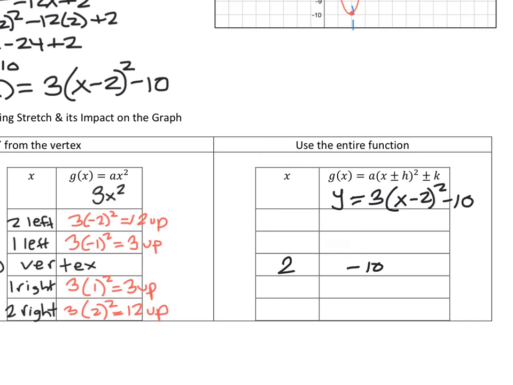If I put in 1 and 0 here, going 1 to the left and 2 to the left, I can substitute these numbers directly into this function. So if I put in the number 1 here, I have 1 minus 2 is -1. -1 squared is 1, times 3 is 3, and 3 minus 10 is -7.